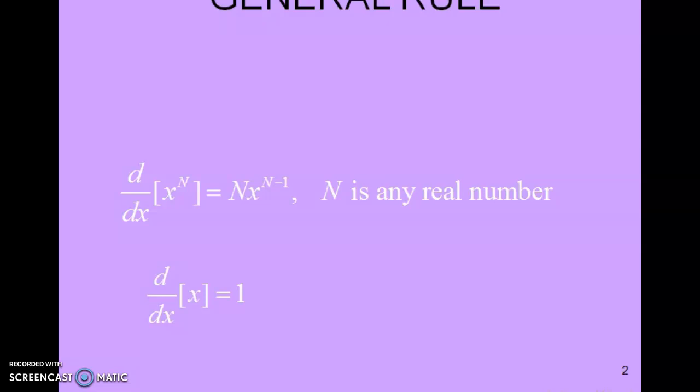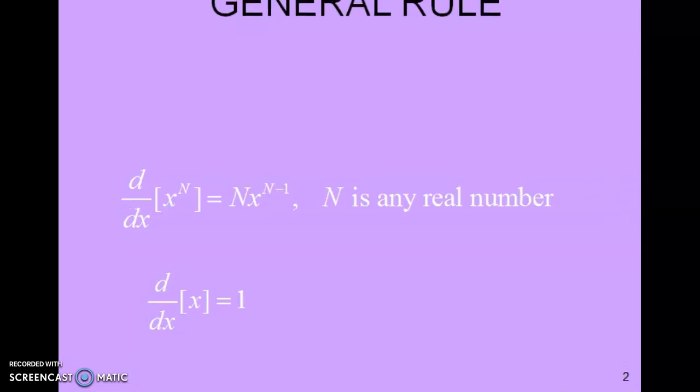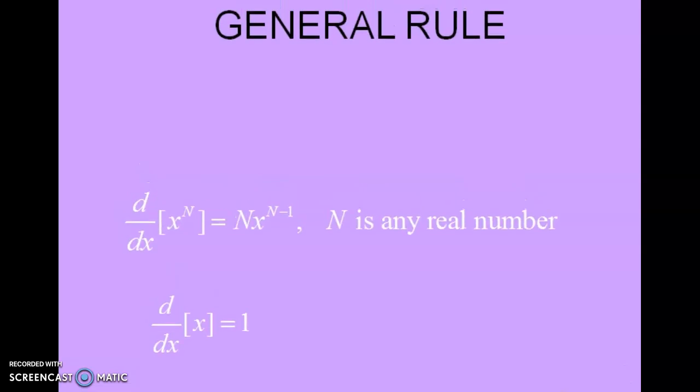You will see that this is the general rule for most equations, be it linear, quadratic, cubic, or whatever the type of equation. Let me highlight the general formula, which is this one.